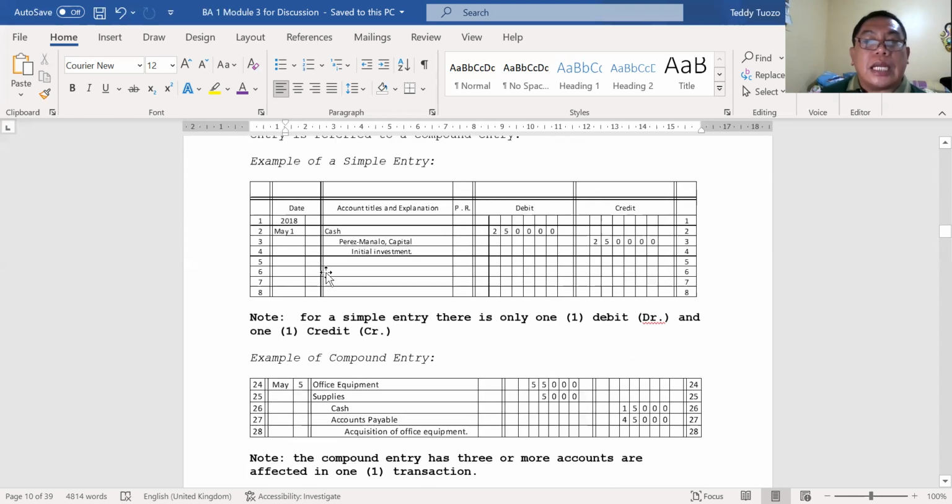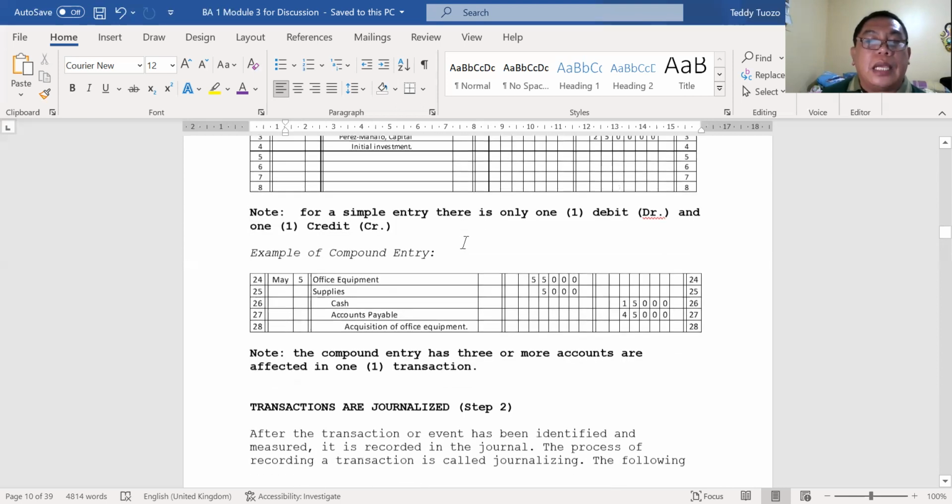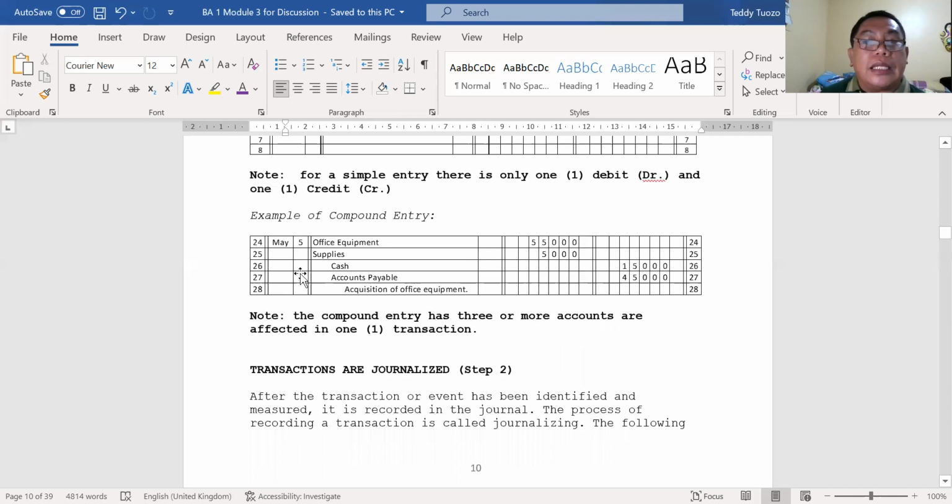So this is an example of a simple entry, and this is a compound entry, where there is more than one debit or more than one credit in one transaction only. So this has two debits and two credits. Both debits are flush to the margin.